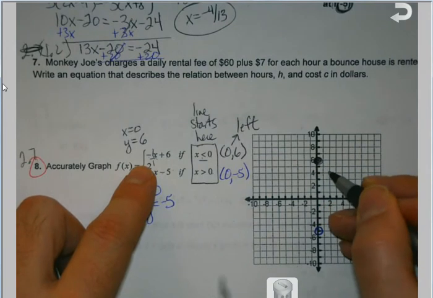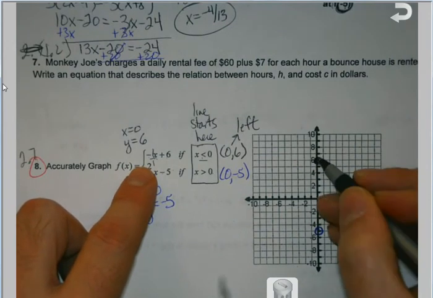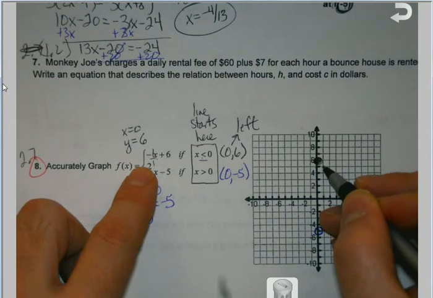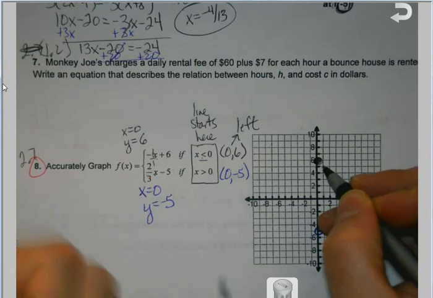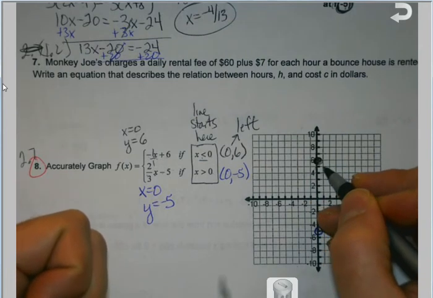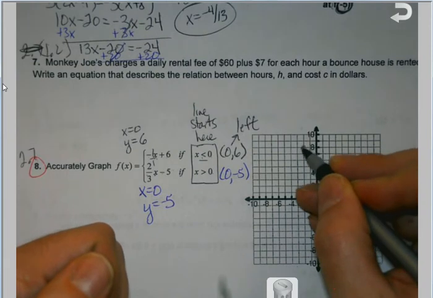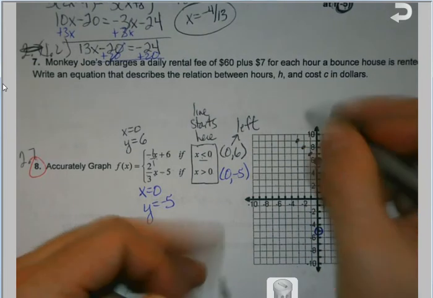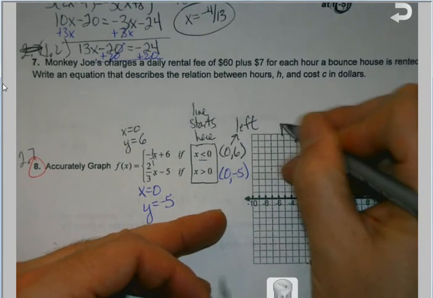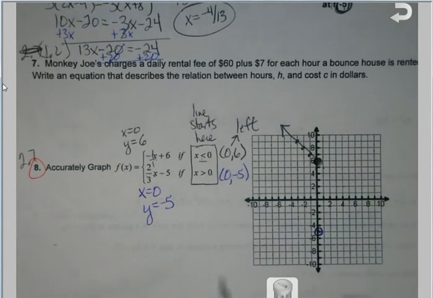But I'm not going right, I'm going left. So instead of down and right, up and left, up and left, up and left. Start at my big dot and connect the dots, going left starting at (0, 6).